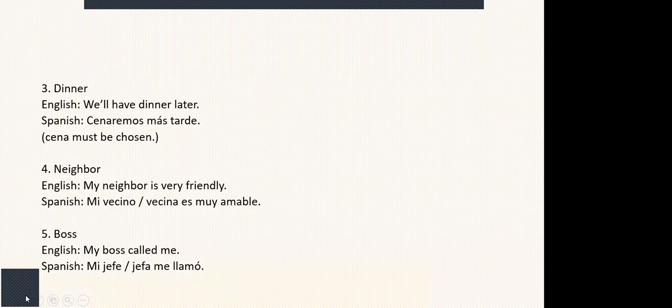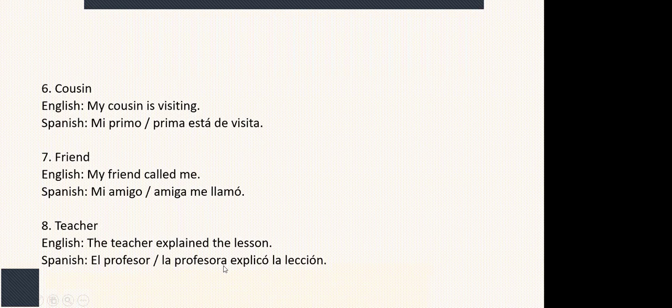Look at neighbor, okay? Could be male or female neighbor. It's not clear. Mi vecino, vecina. Boss is another difficult one. Boss could be a man or a woman. We may tend to think it's a male character, but chances are it could be different genders. Cousin, let's take a look. It's another difficult word.